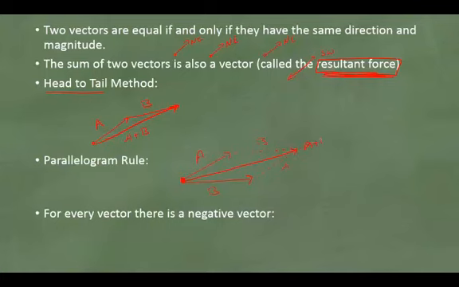That's A plus B. It's up to you which one you prefer. For every vector, there's also a negative vector. For A, there's a negative A. And all we mean by a negative is that it's in the opposite direction.